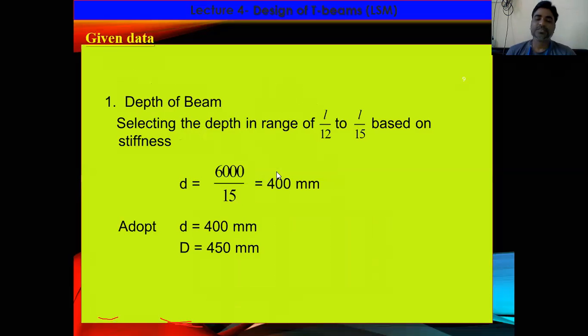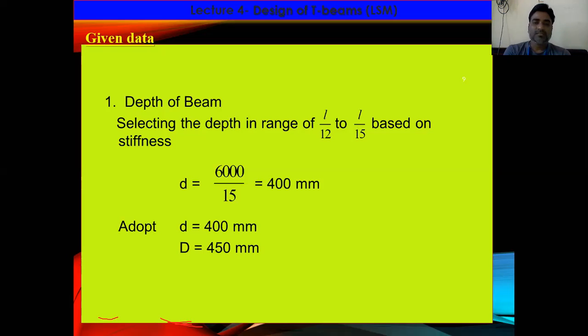So what is the first step? You need to determine the depth of the T-beam, based on the stiffness factor. Generally we will assume that the depth of the beam is in the range of L by 12 to L by 15. This is only an assumption. You can choose based upon your experience, right? So here I am assuming that the effective depth is equal to L by 15.